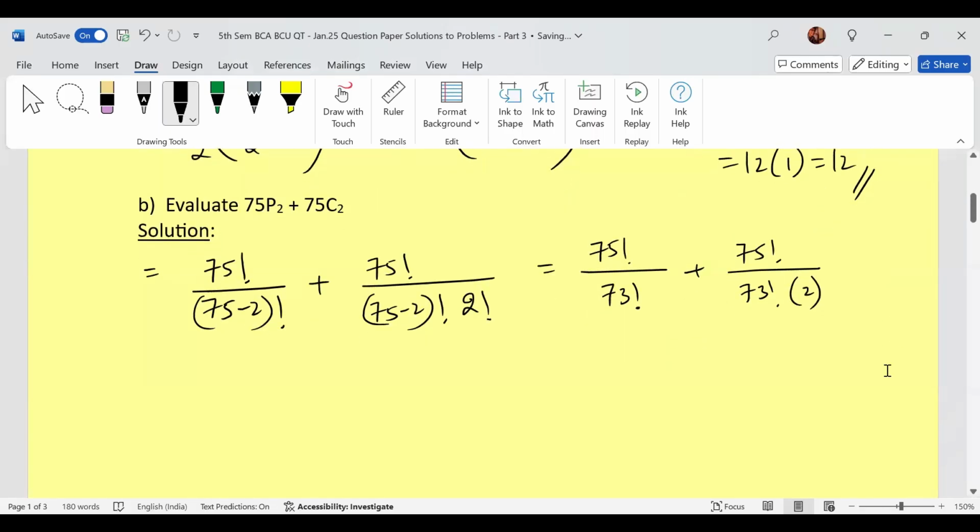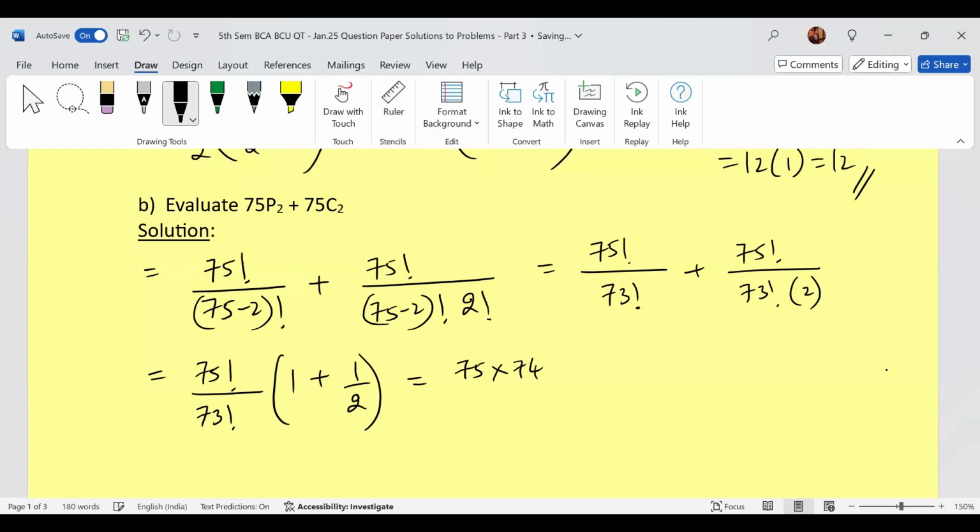So in these two terms, the common term is 75 factorial divided by 73 factorial. So within brackets, we can write 1 plus 1 by 2. This is nothing but 75 into 74 into 73 factorial divided by 73 factorial multiplied by 3 by 2.